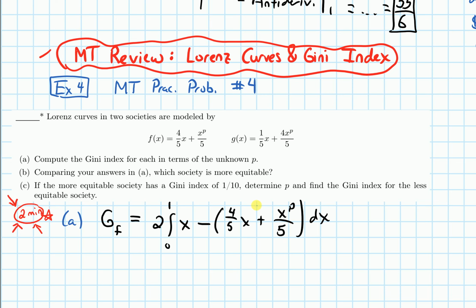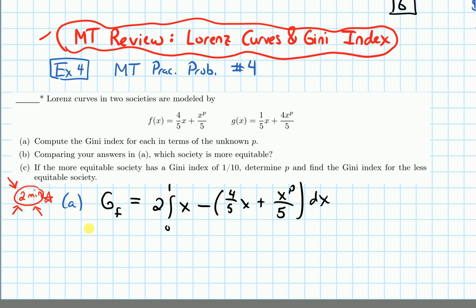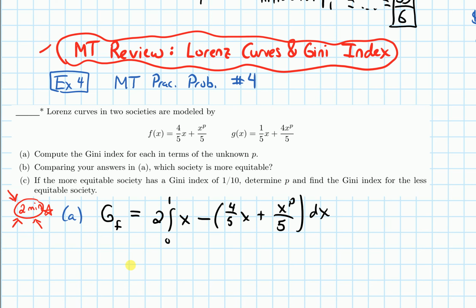Can't forget the parentheses around this because it's minus all of this. I need to distribute that negative sign. So I get 2 times the integral from 0 to 1 of x minus 4/5 x, which is 1/5 x, and then minus x to the p over 5 dx.